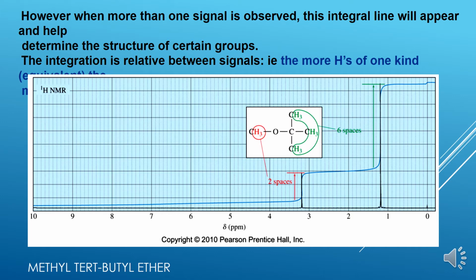As I said, the methoxy protons occupy two spaces of the integral line, while the tertiary butyl protons occupy six spaces, so the intensity is almost three times greater. Two spaces for three protons, and similarly six spaces for nine protons. So this is how one can interpret the NMR spectra of the given compound.